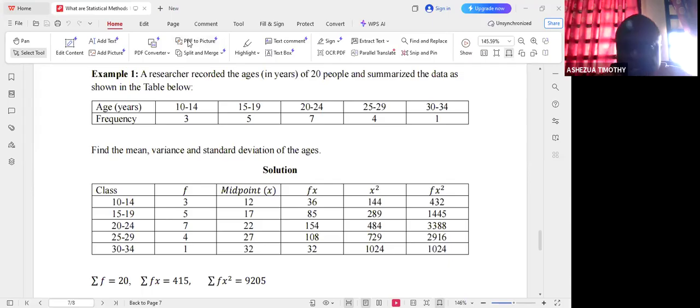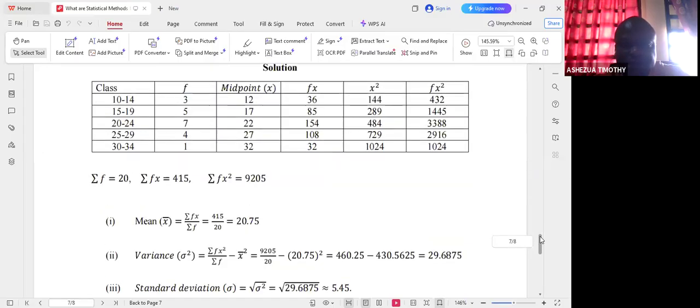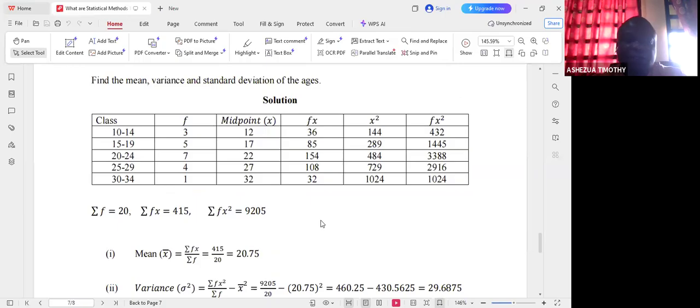Let's see what the charts are saying. Okay, the charts are saying progress, sir. Okay, fine. Now, quickly, in the formula, we need this column, and this column.